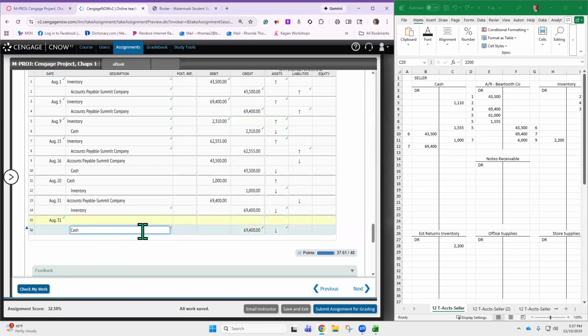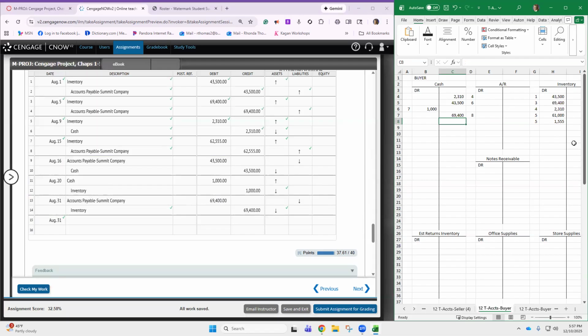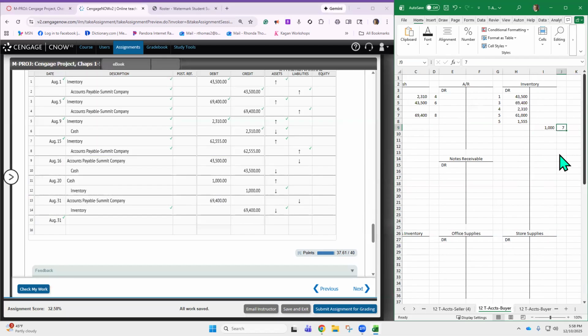So $4,000 worth of merchandise went back to the seller, right? So the buyer's inventory is going to go down. Now go over to the buyer's T accounts right here. When we sent that back, we are sending back $4,000 worth. That's how much we paid for it.